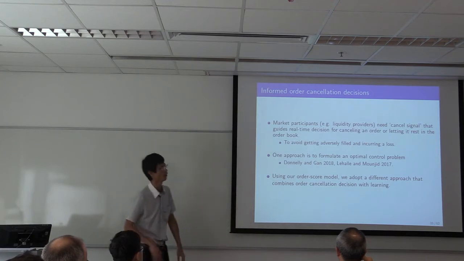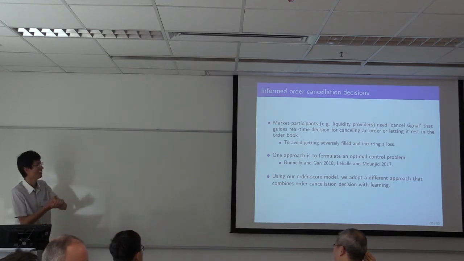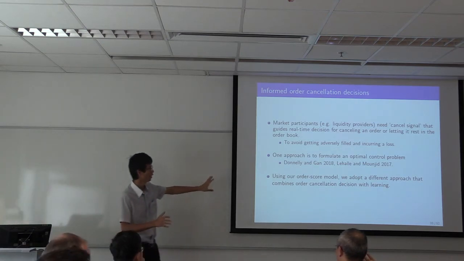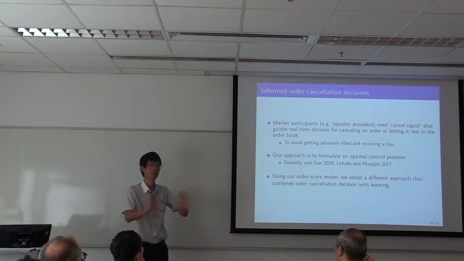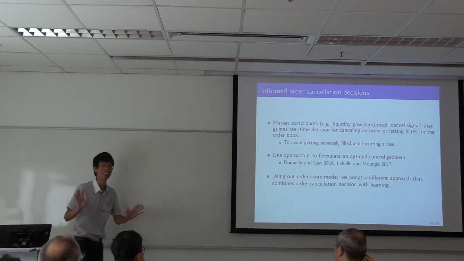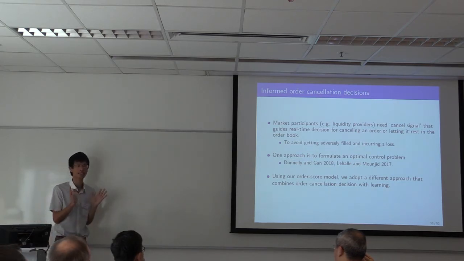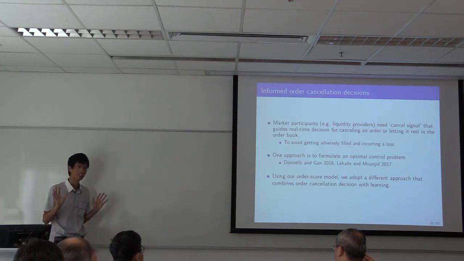Of course there are many reasons, but first of all, we are proposing this performance measure using order score, which I don't think anyone has done. They are doing completely different ways, so the performance you look at is slightly different.